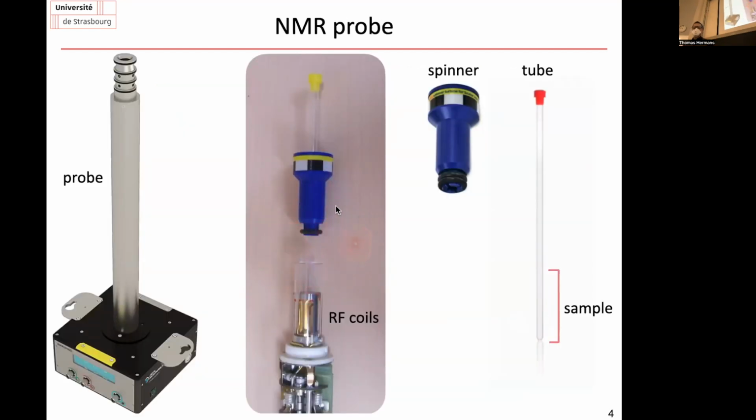Funny anecdote, I don't know if I should tell this or not. Anyway, I used to be the NMR responsible of our group during my PhD. And so what people do in the lab to dry their tubes, you reuse them, right? It's not one time and then you throw them out. So NMR tubes are reused. And so people rinse them with acetone and then you need to dry them. Okay, so what do people do? They put it in an oven, right?